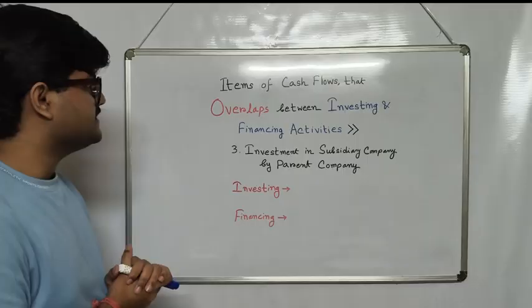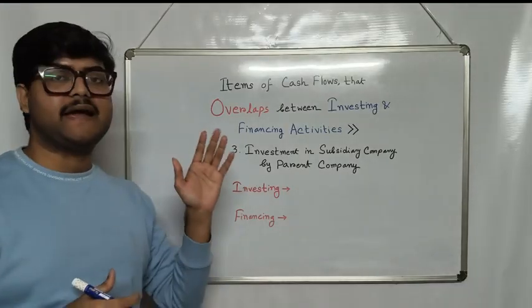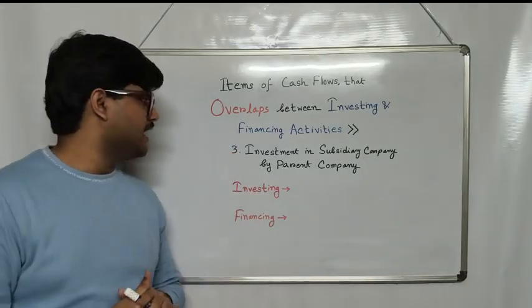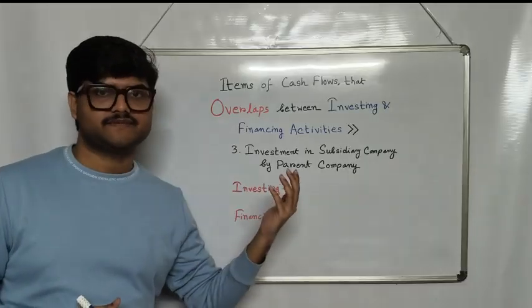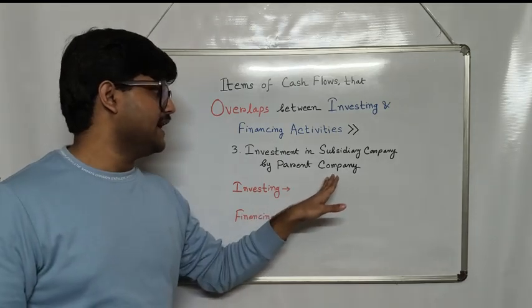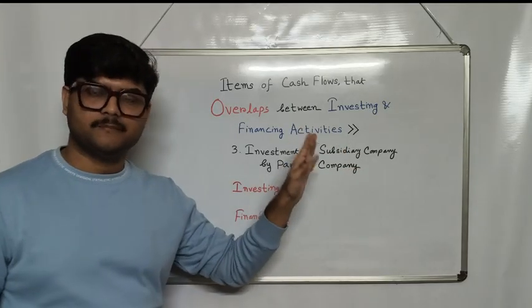The third item is investment in subsidiary company by the parent company. The parent company has invested in the subsidiary company. In simple terms, the parent company has provided loan to the subsidiary company.